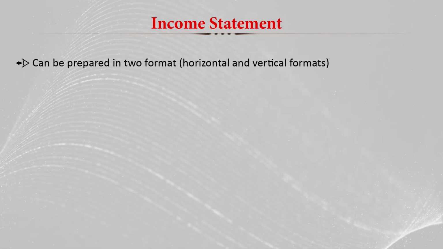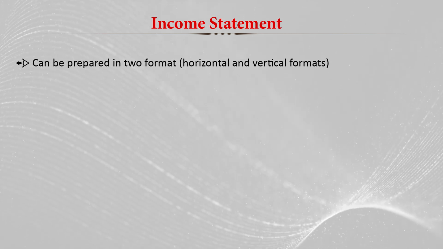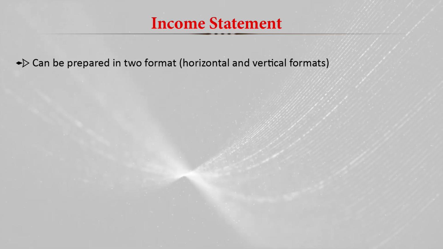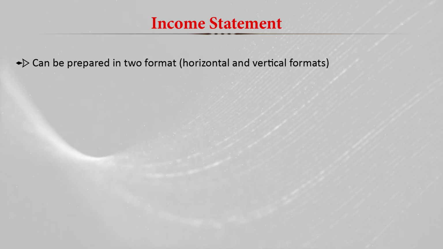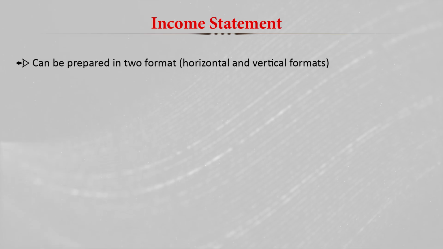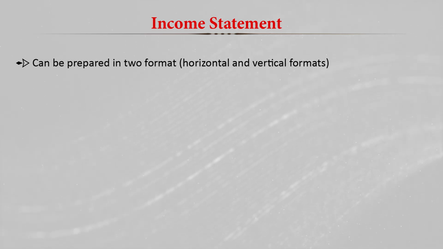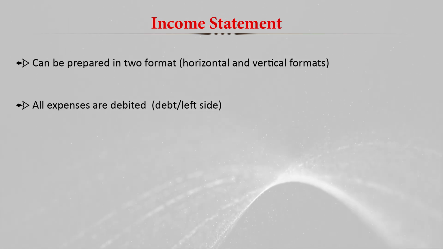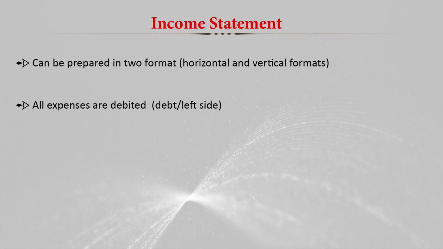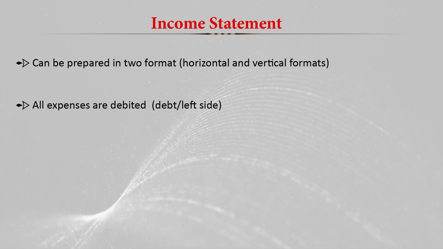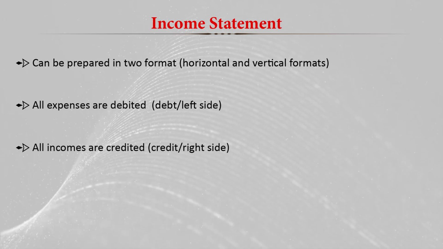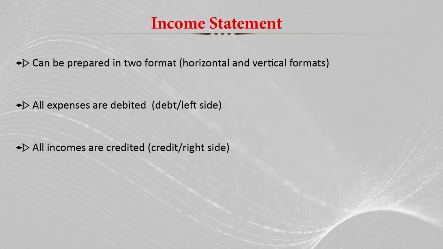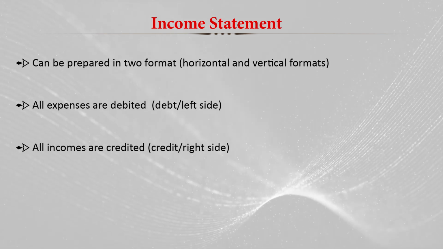In case of the income statement, it is prepared in two formats, the horizontal or the vertical format. When we talk about the horizontal format of the income statement, all the expenses are debited, that is, we show all the expenses on the debit side, the left side of the table, and then all the income is credited, that is, we show it on the credit side or right hand side of the table.